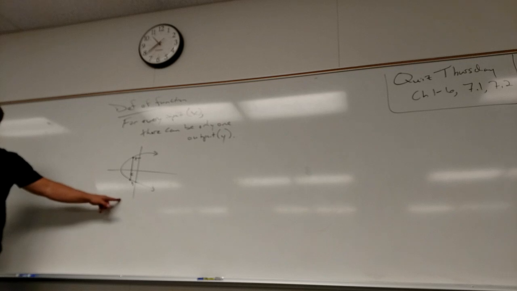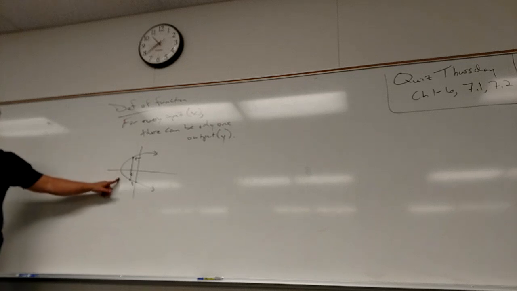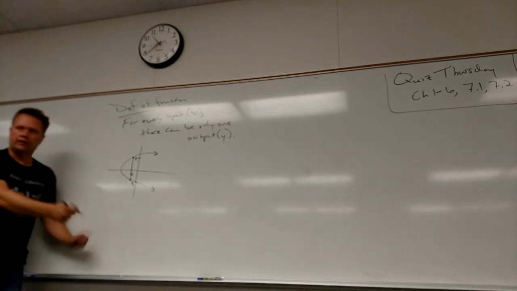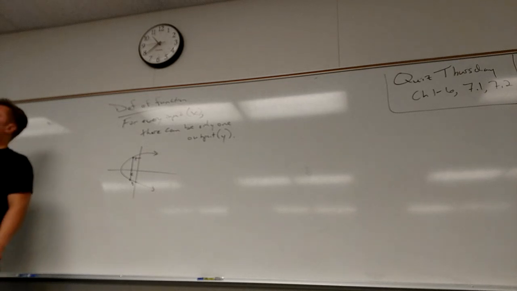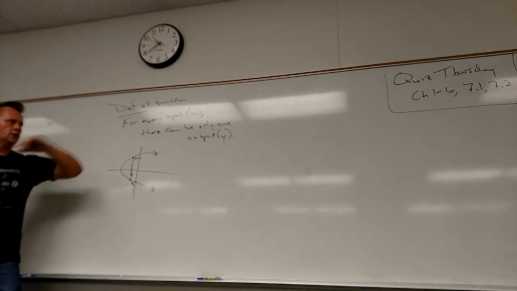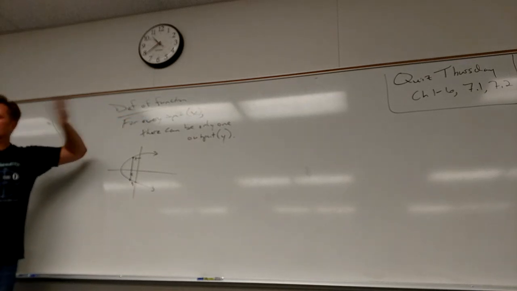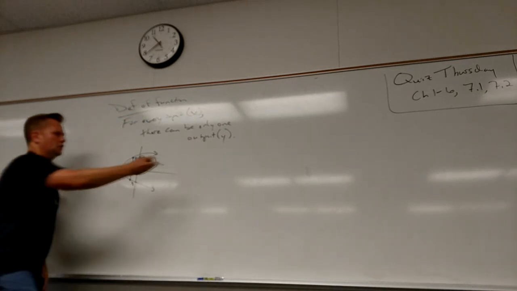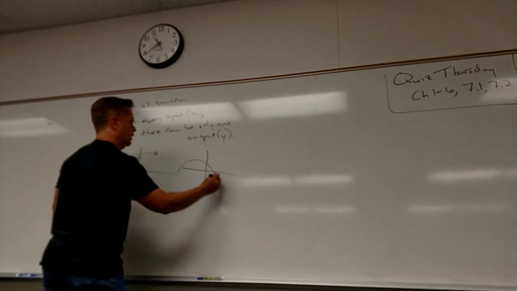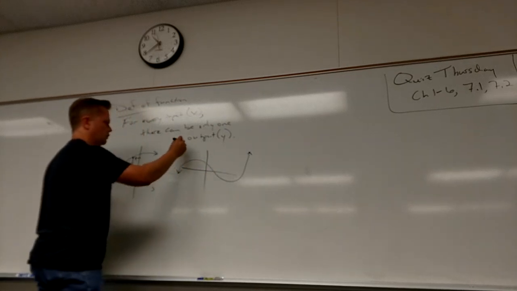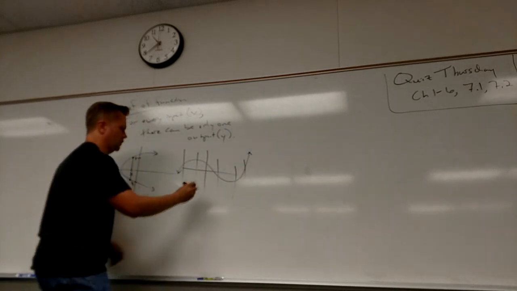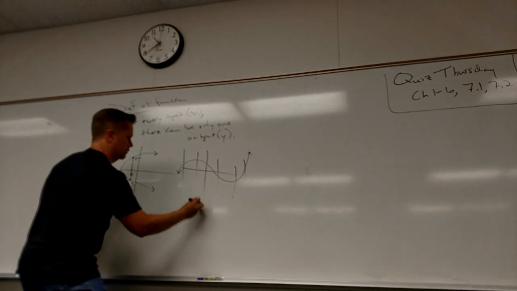So that violates the definition. So it's a shortcut when I have a graph: the vertical line test. If a vertical line goes through more than once, that's a visual way of not meeting this definition. Now if every vertical line I can imagine goes through just once, then that's a function. Wow, that's a great check.